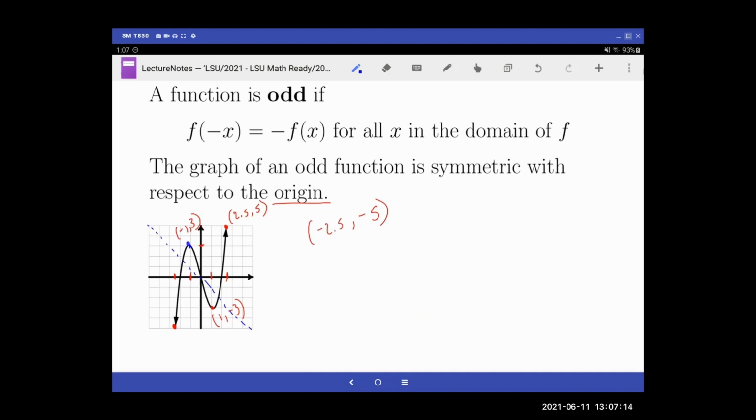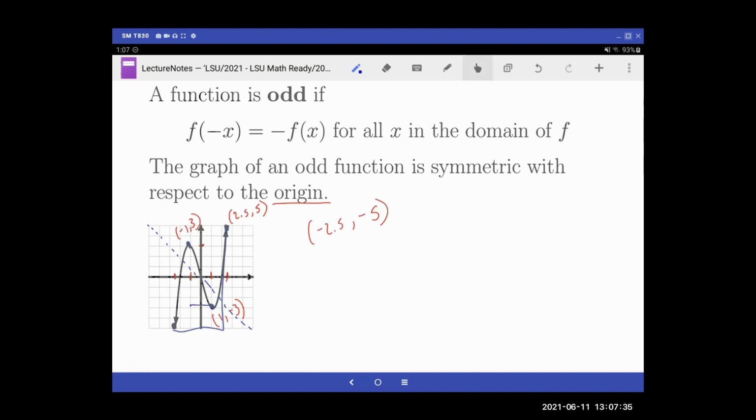If you were to flip it around, so down and across, it ends up here. This point right here, if I were to bring it down and across, it matches here. That's what it means to be reflected across the origin. Basically, the signs of each point change.